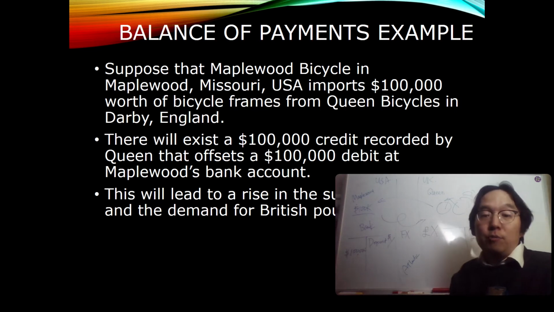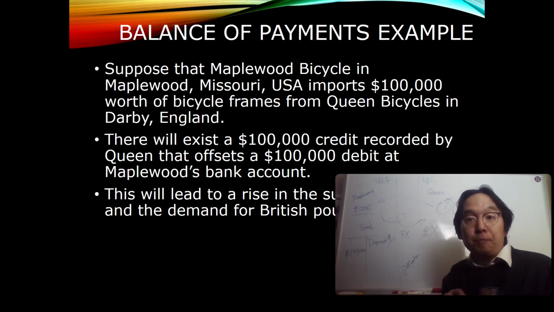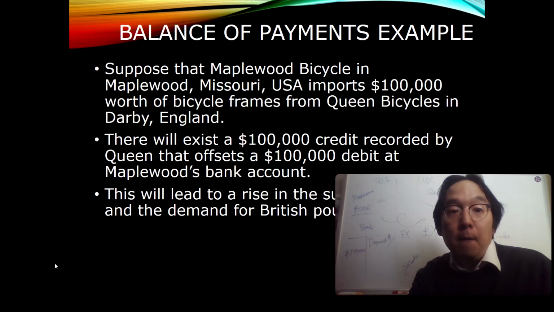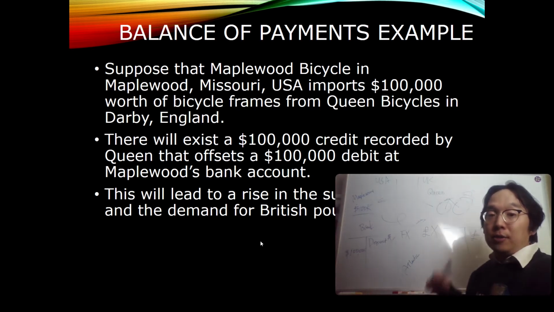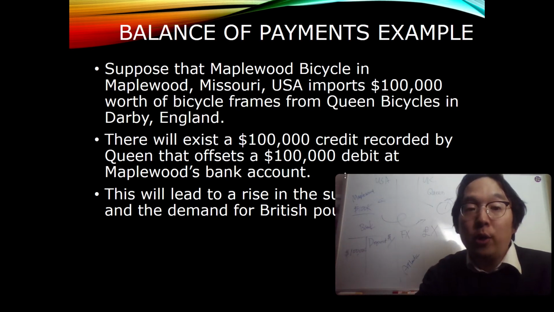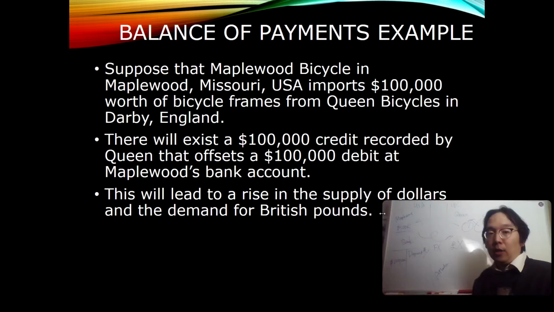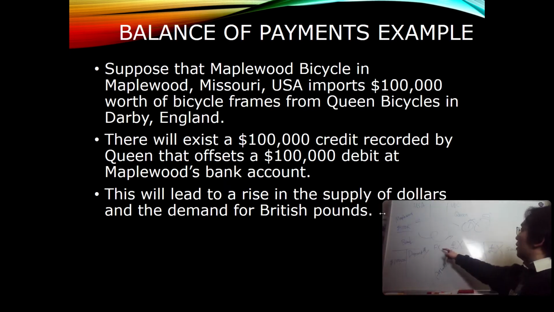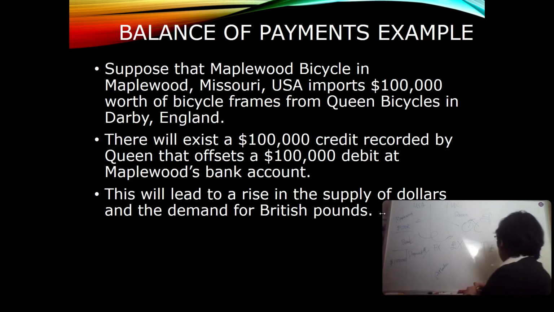So all that I'm trying to say is that there will exist a $100,000 credit recorded by Queen. Of course, in this statement we're bypassing the FX transaction, assuming $100,000 US dollars of sales.